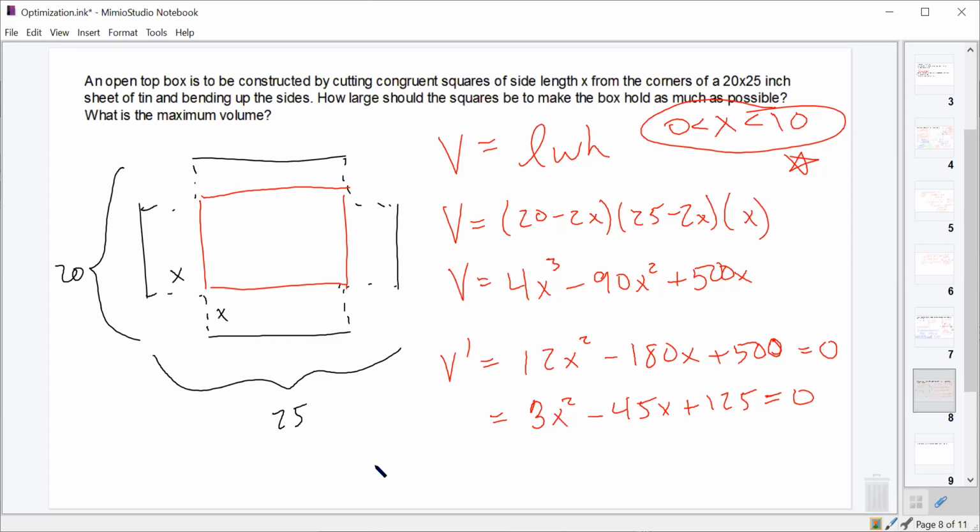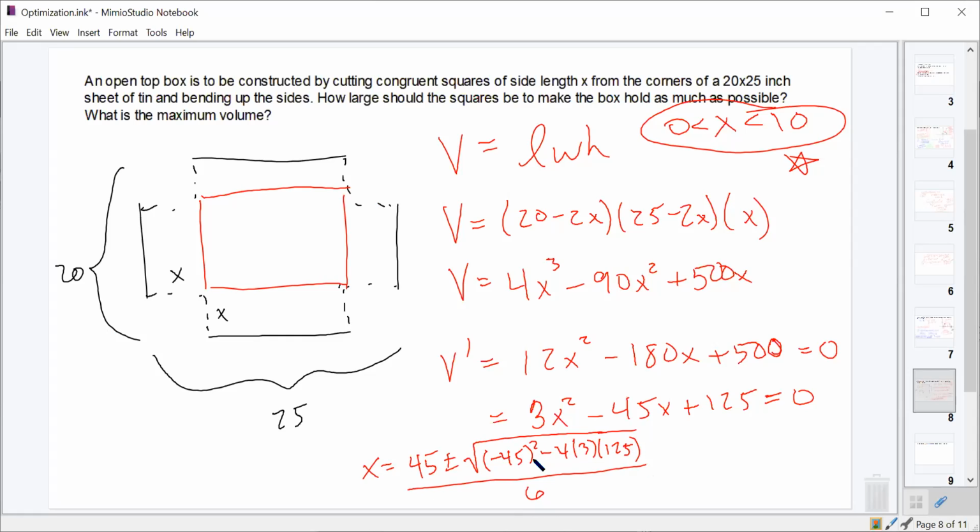So x equals 45 plus or minus the square root of negative 45 squared minus 4 times 3 times 125, all over 6.